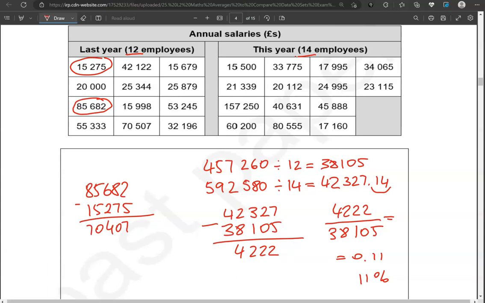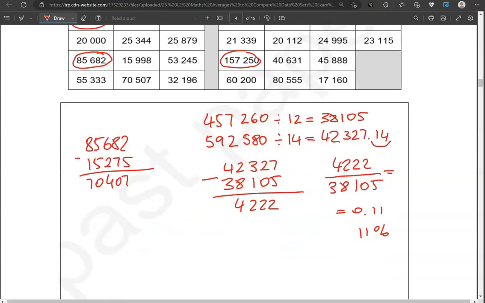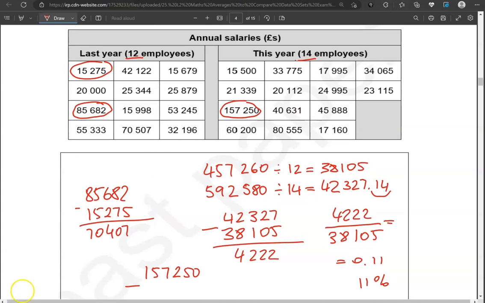Looking at it for this year, the highest earner gets 157,250 and the lowest earner gets 15,500.